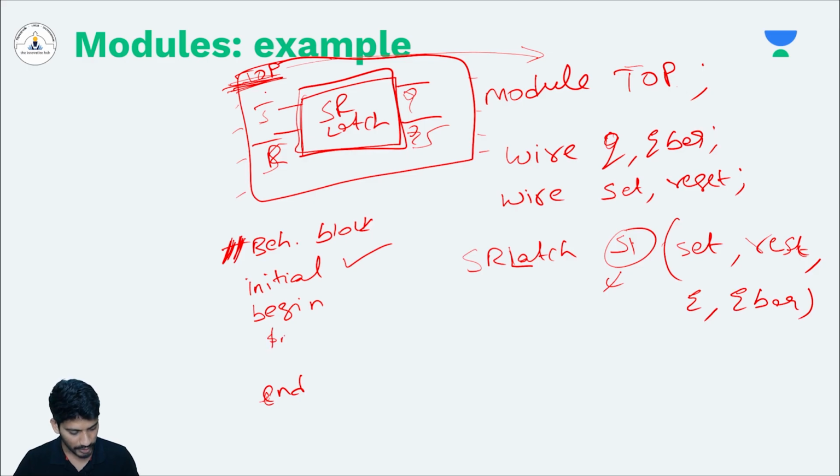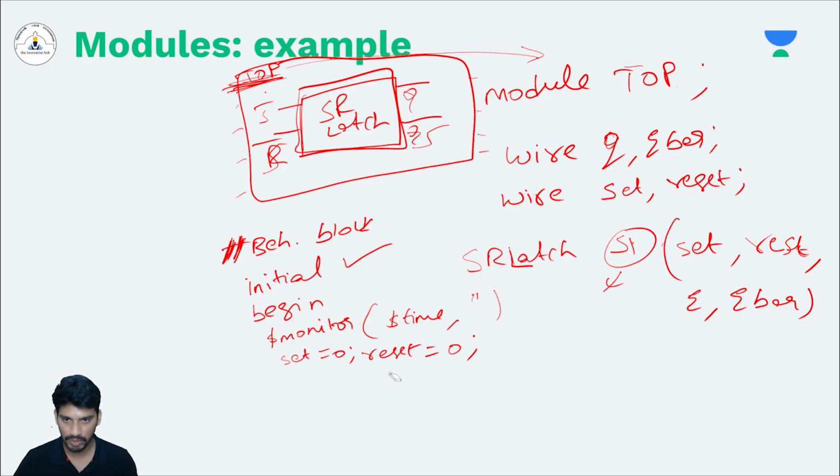I want to monitor the signals, so I want to use the monitor system task. I want to see the time of the simulation, and then I want to set set equals to 0 and reset equals to 0 initially.